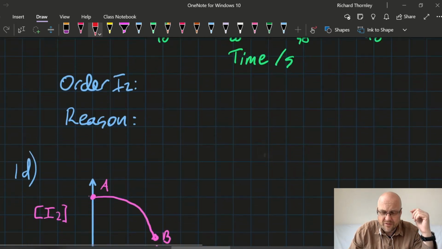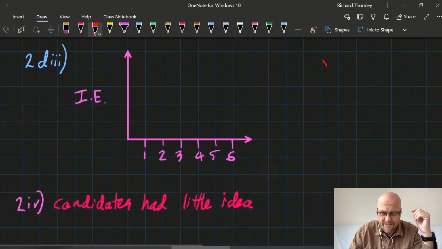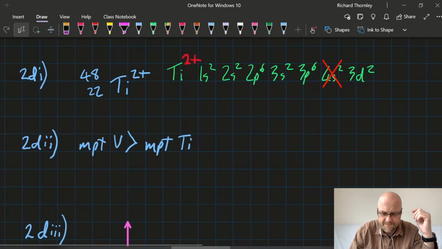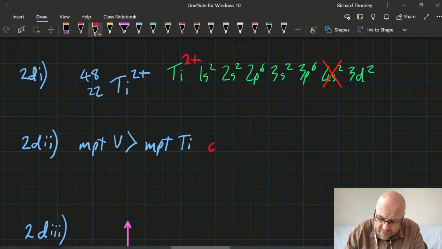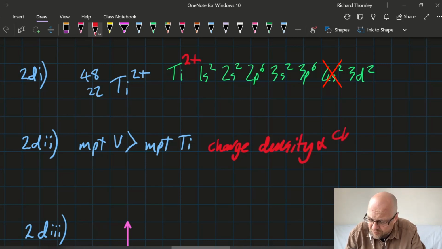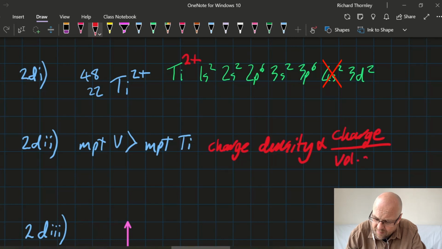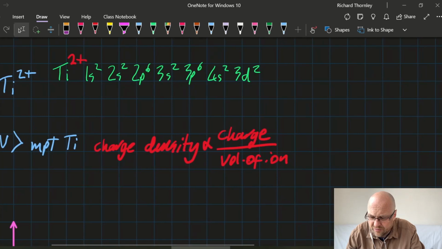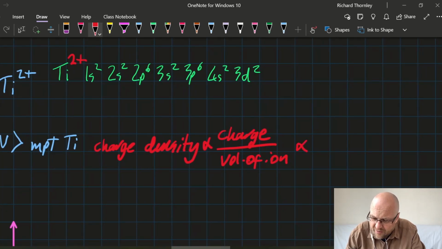So I think it's probably something to do with the charge density argument. So charge density is proportional to charge over the volume of the ion. And also, if it's got a higher charge density, it's going to have a higher melting point.